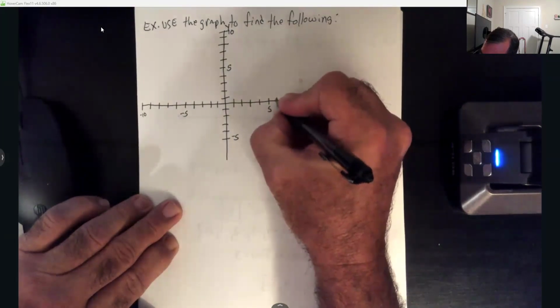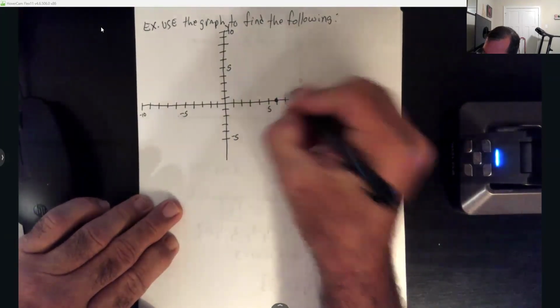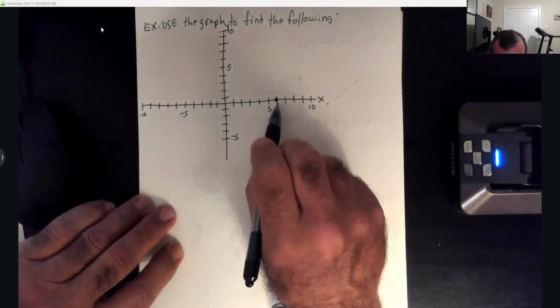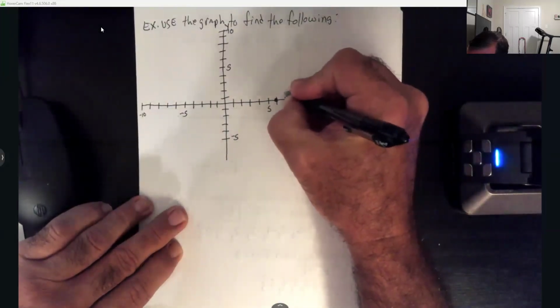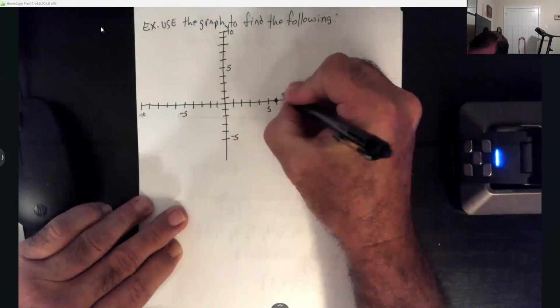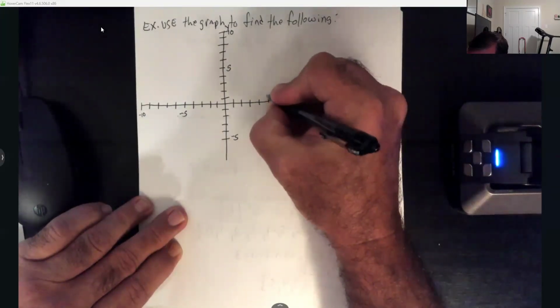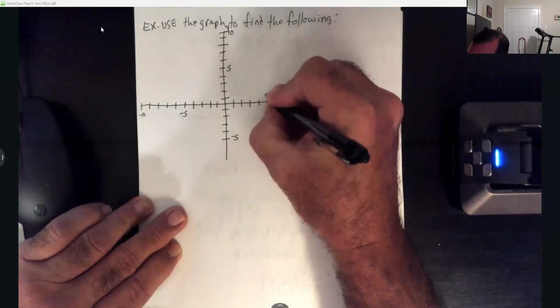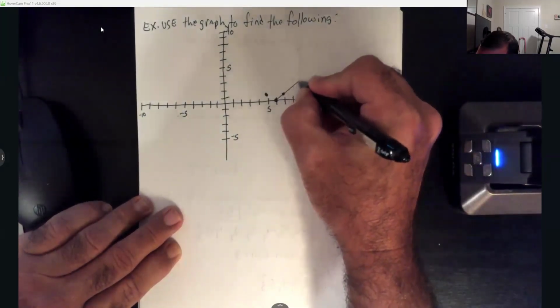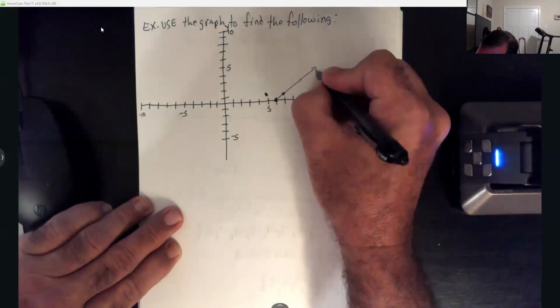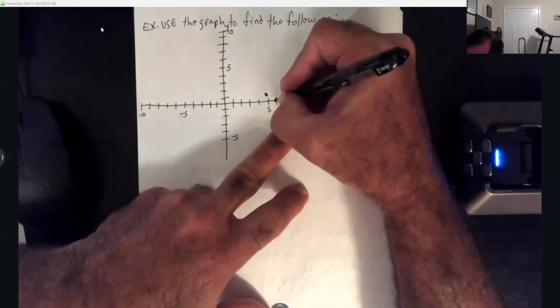Okay, y'all, it's touching right here at the 6 on the x-axis. And then let me see, it goes up here, going up 1 there, and 1 there. Then it's just straight lines, okay? It looks like a V-shaped graph heading off to the right.